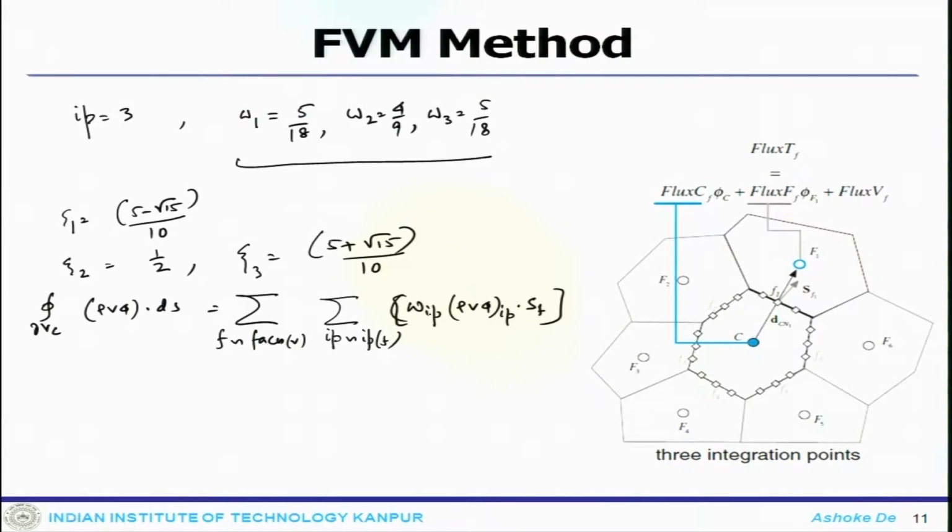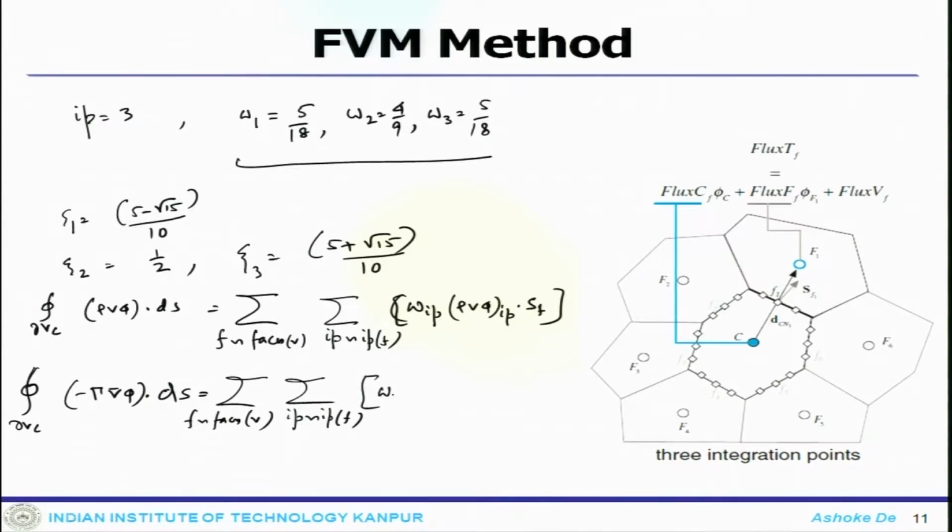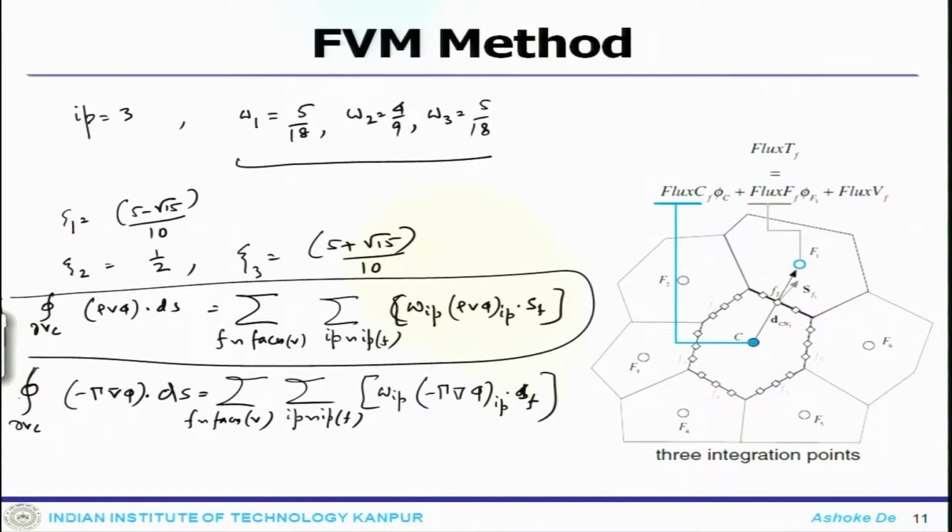That is what you get, and similarly for gamma del phi dot dS, that is my diffusive term. So, you get the summation over faces F over V and IP over F of WIP, minus gamma del phi IP dot SF. This is what you end up getting.